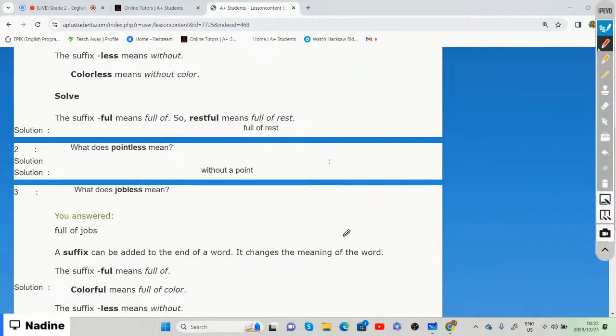We said less means without, right? So what does pointless mean?